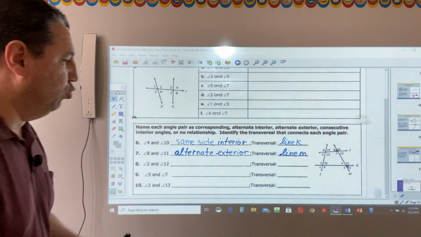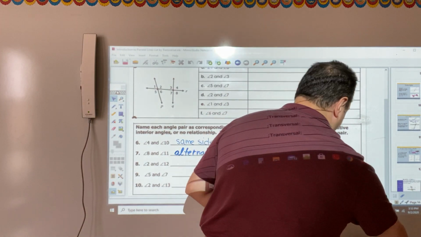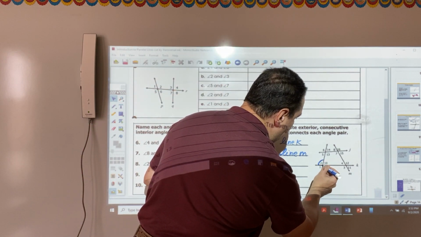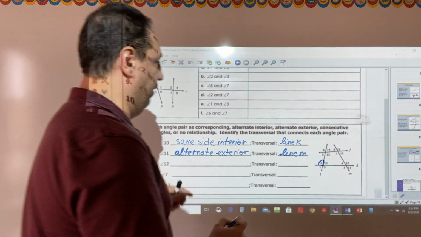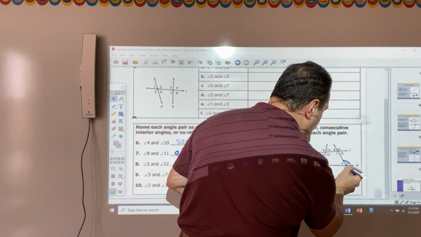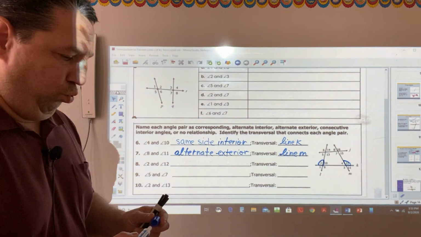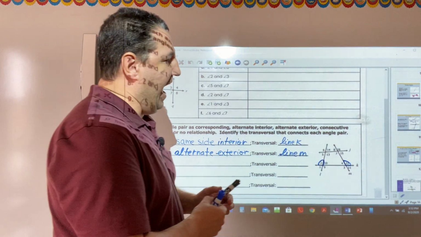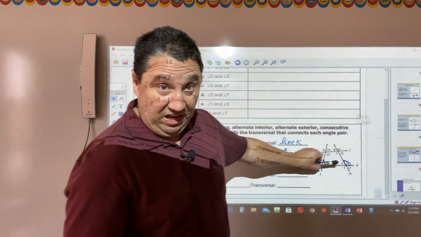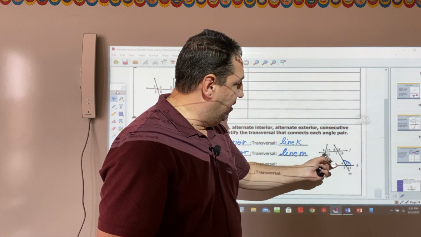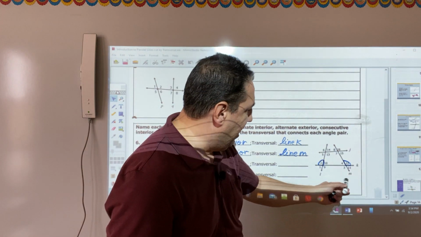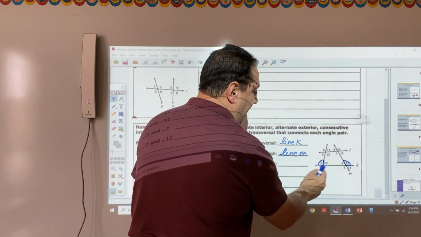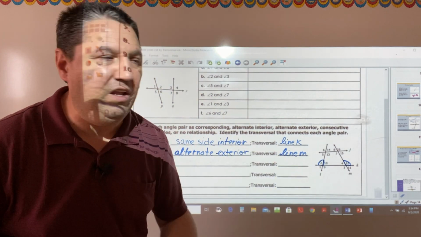Next, angles 2 and 12. We mark angles 2 and 12. Now, how are 2 and 12 formed? When this line, which is line K, intersects lines L and M. As we can see, line K intersects L and M at two different points.